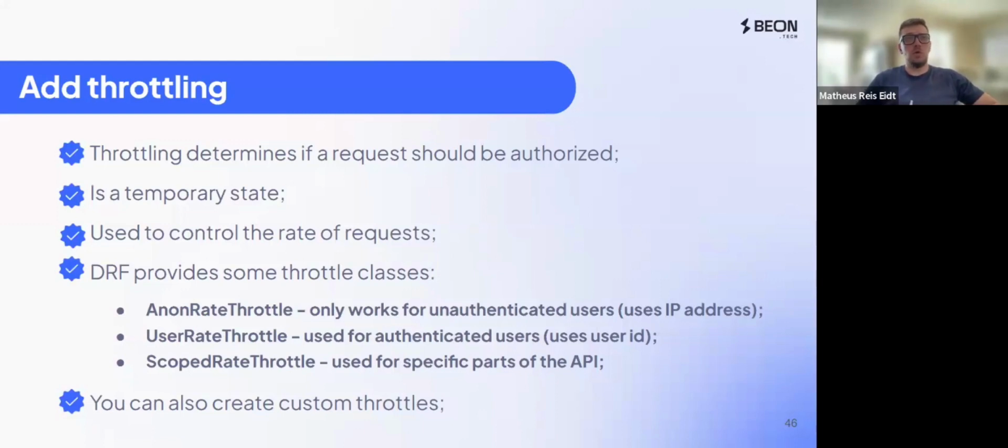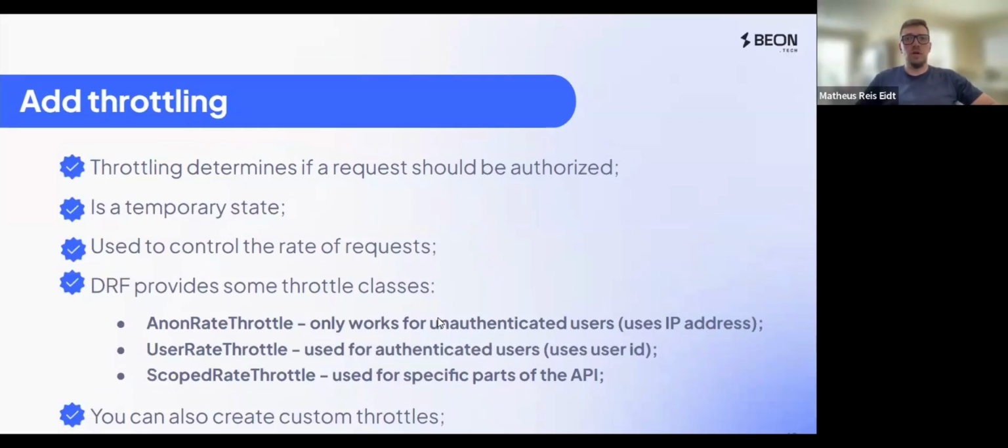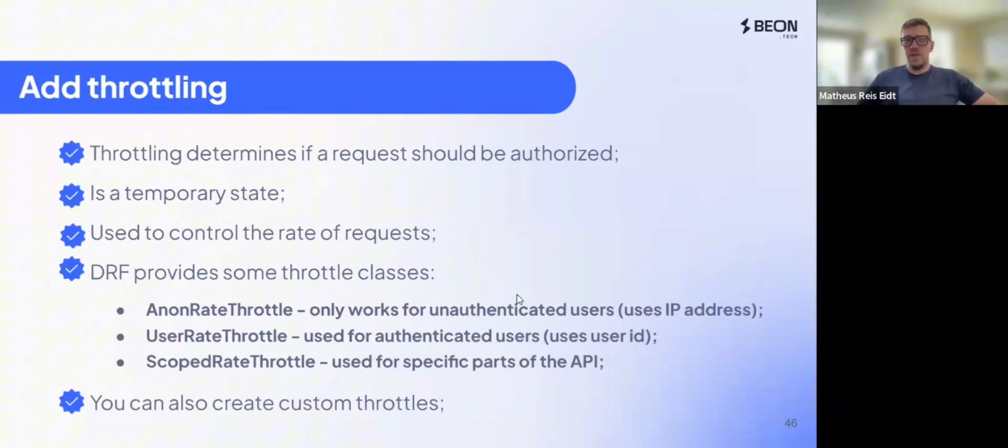As I said, it's used to control the rate of requests, and the ones provided by Django REST Framework are the anon rate throttle. It's used for unauthenticated users, and it will use the IP address of the request to verify this. We also have the user rate throttle. This is used for authenticated users.